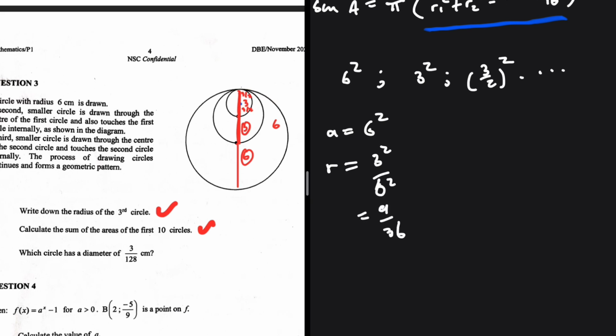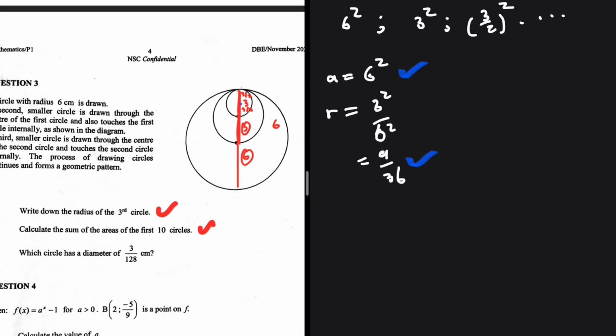So this is A, and then let's find the sum of the first 10 terms of this sequence, of this series, because we are talking about the sum. So to find the sum, we have Sn equal to, well, let me take my question paper and look at the formula.